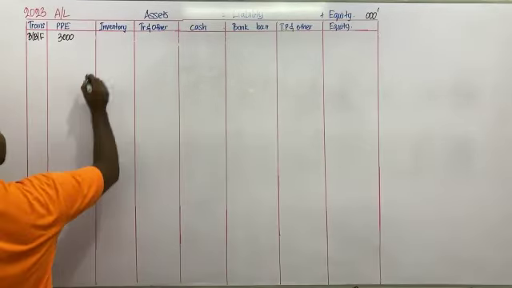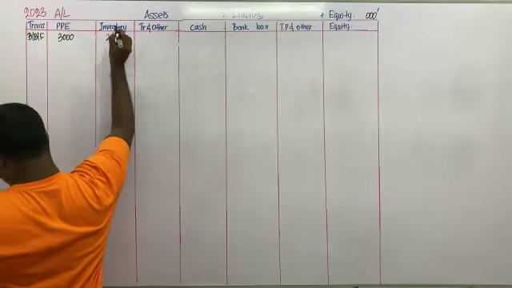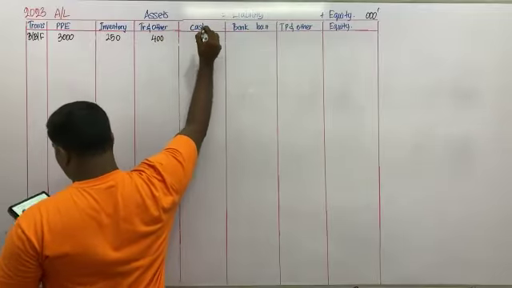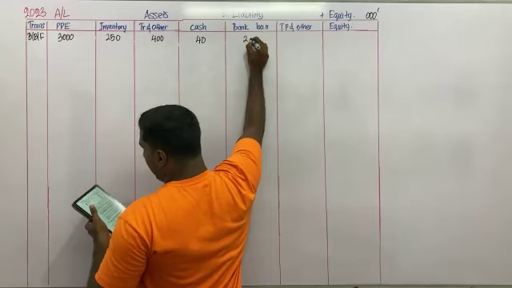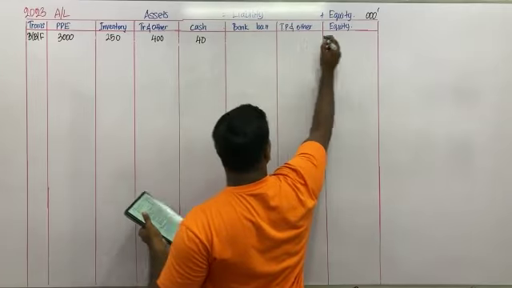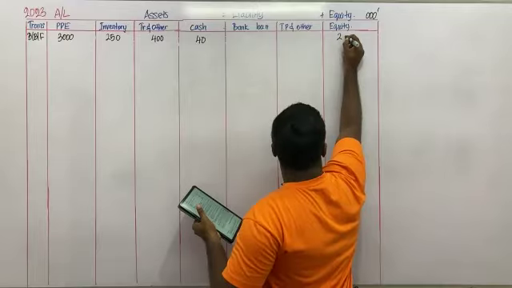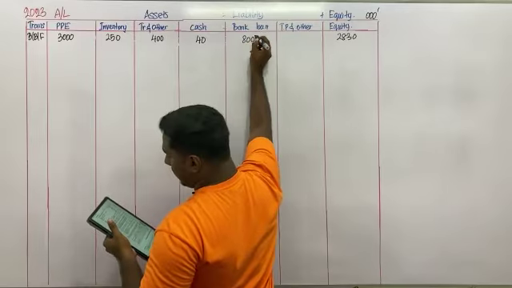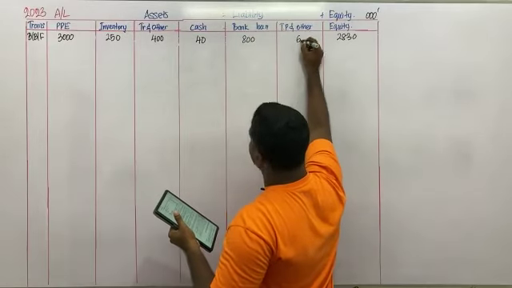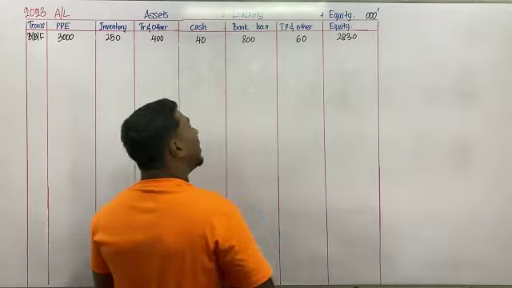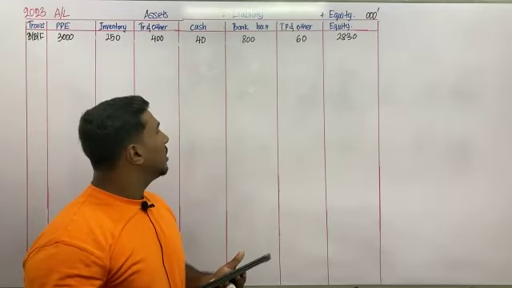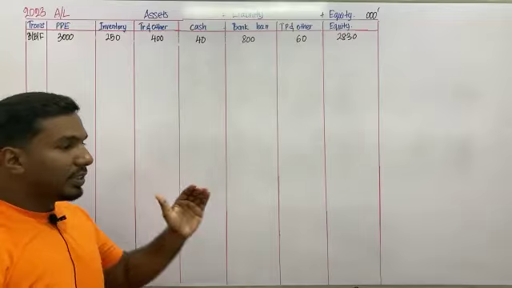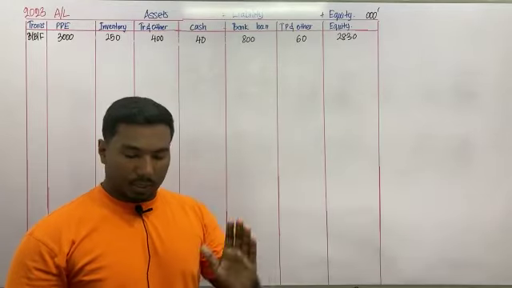And inventory 250. 400, 40. Bank loan, sorry, it's equity, 2,830. Bank loan 800. And trade and other payables 60. You don't have to put plus and minus in the balances because they always indicate plus values. In the transactions only you have to put plus or minus.